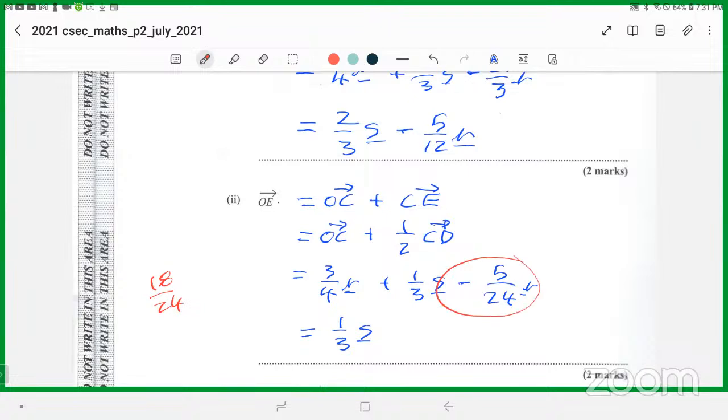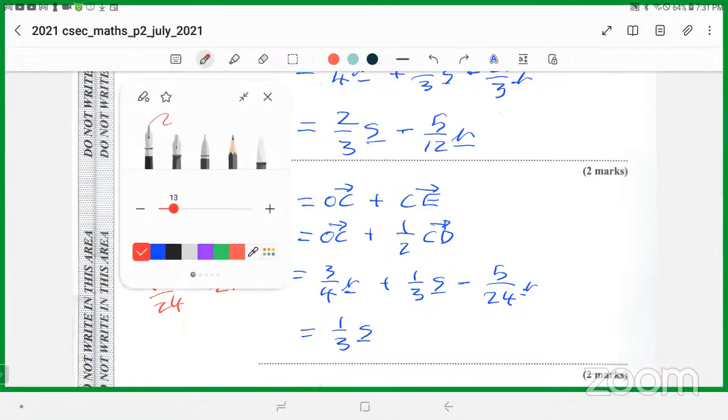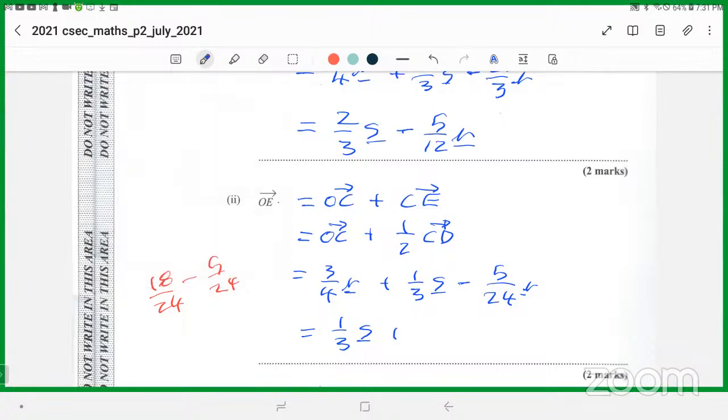Then I'm subtracting 5 over 24. It's not complicated. 18 minus 5 is 13. So this and this give me 13 over 24. So this is 13 over 24R. Easy like that. That's what this and this gives me. And this is working out for it.